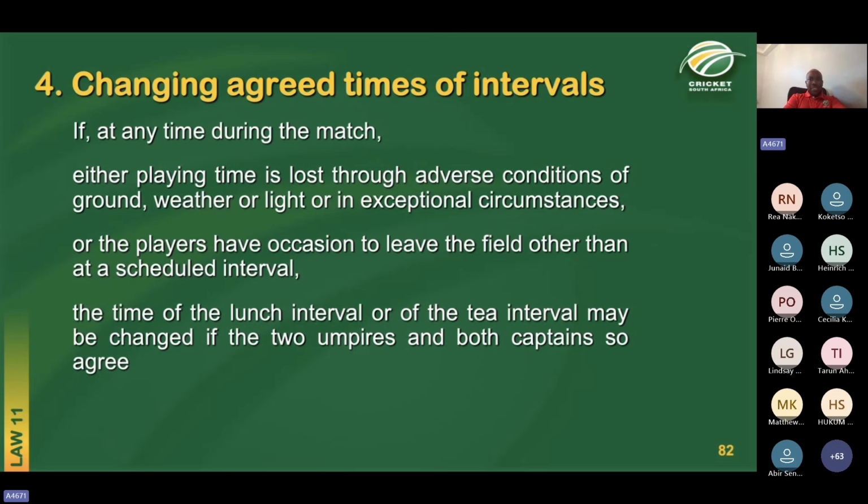Okay, so the law is quite flexible. If there is an agreement between the two umpires and both captains, the lunch interval and the tea interval can be moved in circumstances of adverse weather, ground, and light conditions.